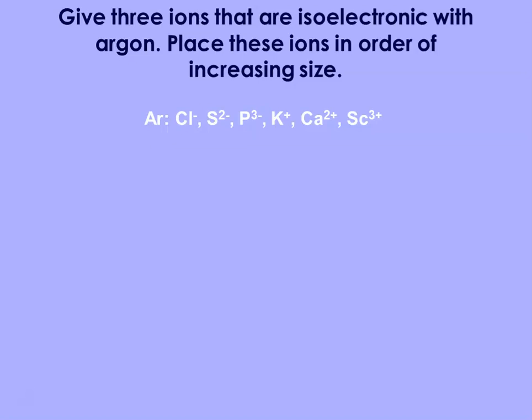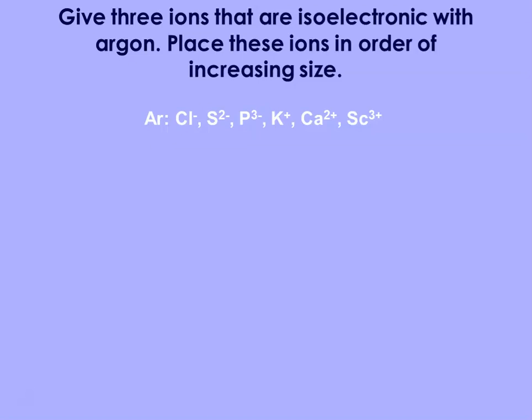If these all have the same number of electrons, the nuclear charge is going to determine which ones are smaller and which ones are larger. The more protons you have for electrons, the greater the attraction the protons will have for those electrons, which will allow those ions to be smaller. And so that would be with your more positive ions. So scandium would be one of your smallest.